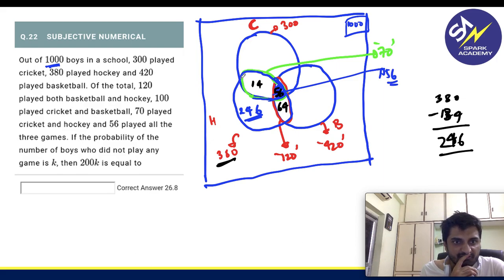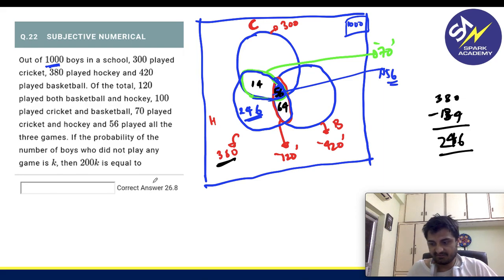If the probability of number of boys who did not play any game is none, right? So total minus the complete probability will give us none probability, right? Correct? So basically only hockey plus only cricket and this, right? So that will give us none basically.